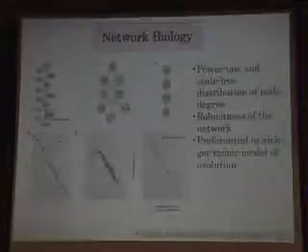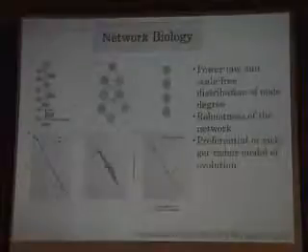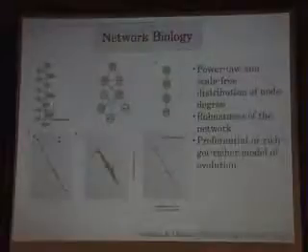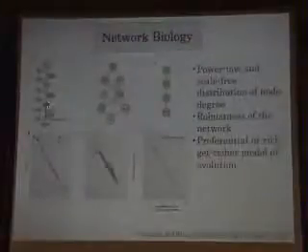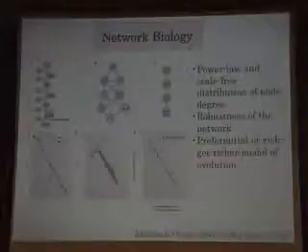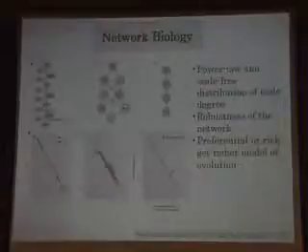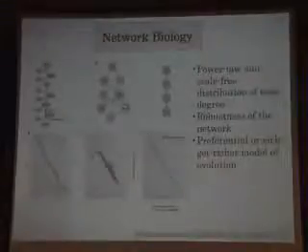In this case, there are several kinds of representation of the biochemical network. This is a chemical compound, this is a reaction. And usually the node degree, which means how many edges exist at each node, follows a power law, the scale-free distribution like this.